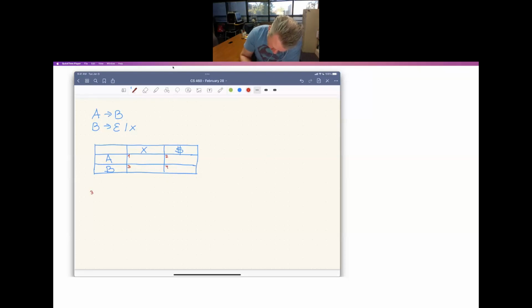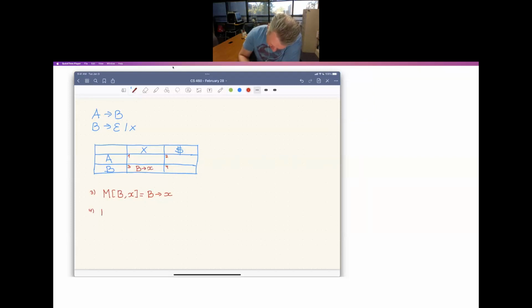And let's do 3 first. So that's M of B comma X is equal to B goes to X, because X is in the first set of X, right? So that's B goes to X.